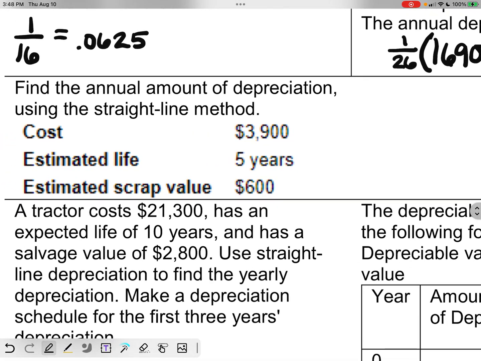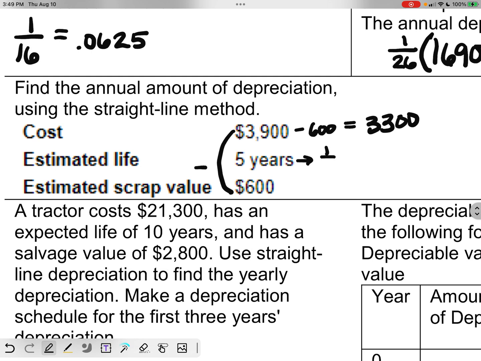Okay. Find the annual amount of depreciation using the straight line method. So cost, life, and scrap. Take these two values and subtract those. When I subtract 600 away from that 3,900, I'm at 3,300.